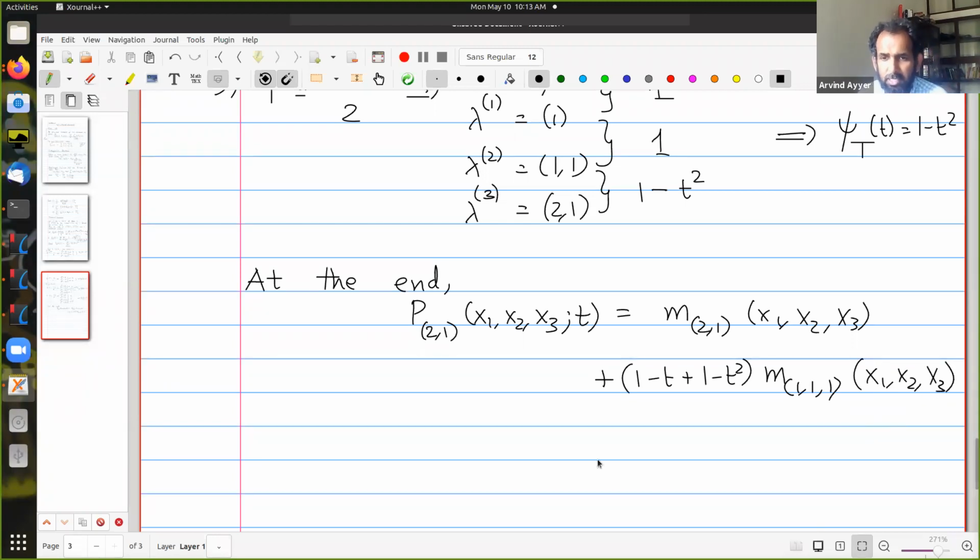Okay, and this thing, if you factor it, is 1 minus t times 2 plus t.